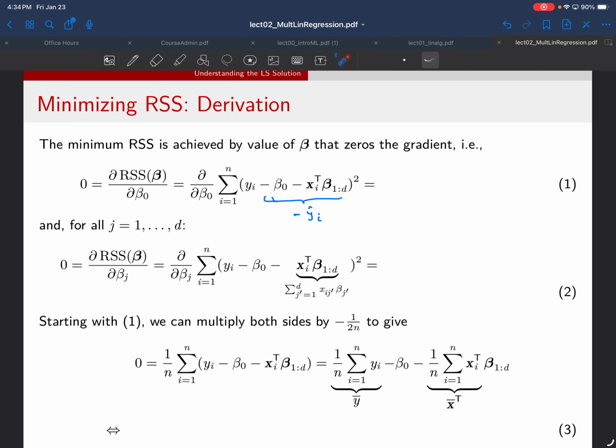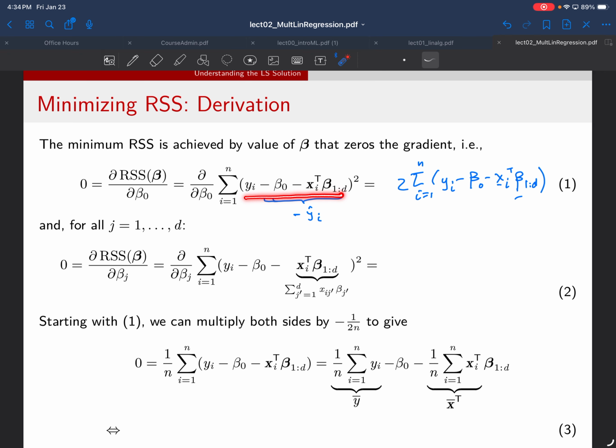So let me write that. 2 times the sum of this whole thing, which is going to be yi minus beta 0 minus vector xi transpose times vector beta 1 through d. We're going to have that, and then we have to finish the chain rule times the derivative of the inside with respect to beta naught.